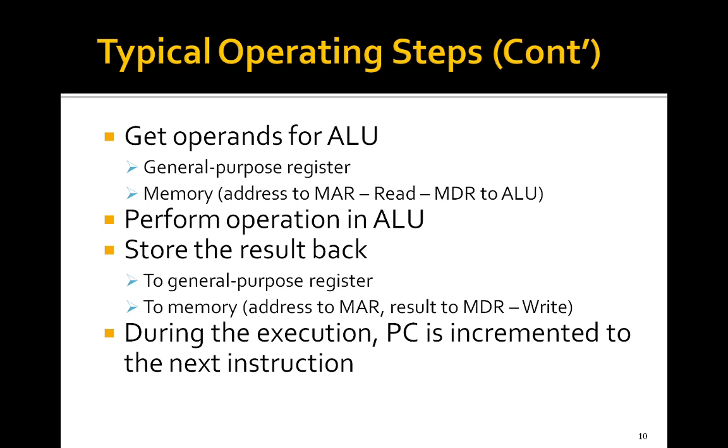Then it is transferred from the MDR to the ALU. After one or more such operands are fetched in the same way, the ALU is allowed to perform the desired operation on those operands.